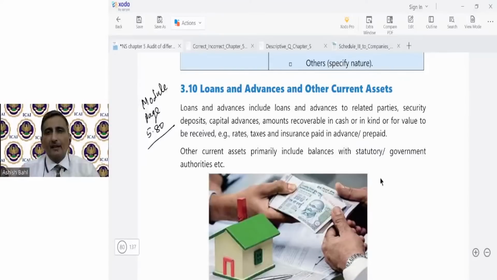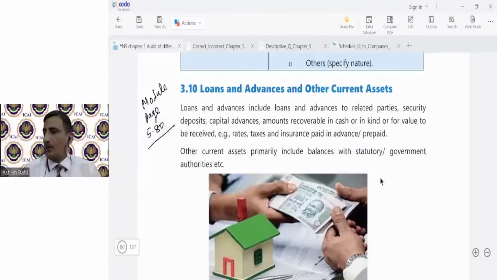Students, we are doing Chapter 5, that is Audit of Items of Financial Statements, and so far we have done how to verify various items appearing in financial statements on the asset side, mainly relating to trade receivables, cash and cash equivalents, inventories, and property, plant and equipment, intangible assets.